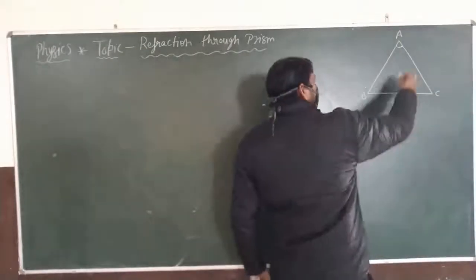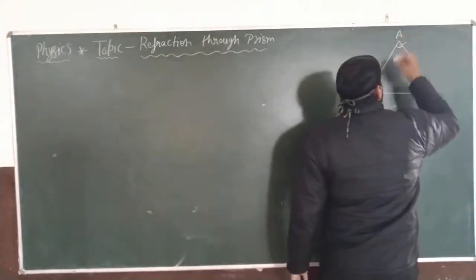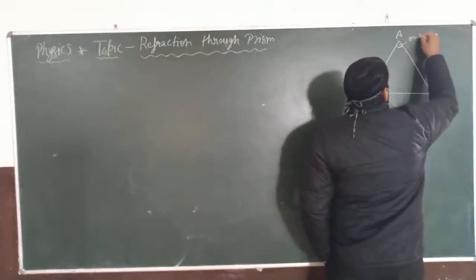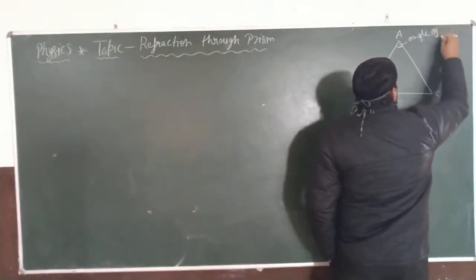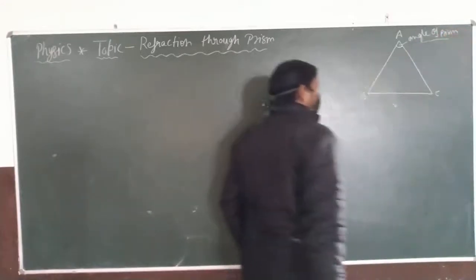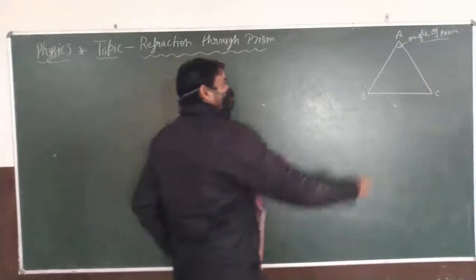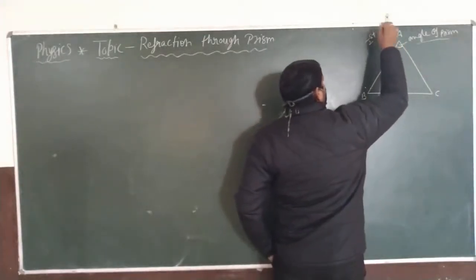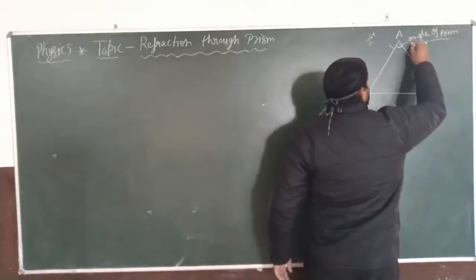So we also say this is the angle of prism or apex. Now this is the first refracting surface, and this is the second surface.